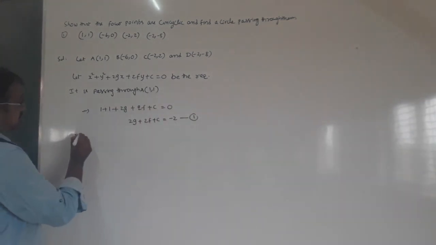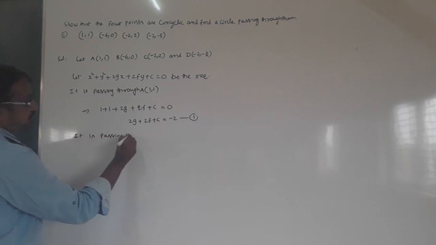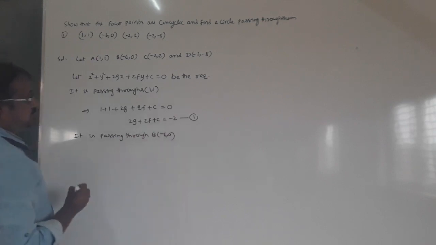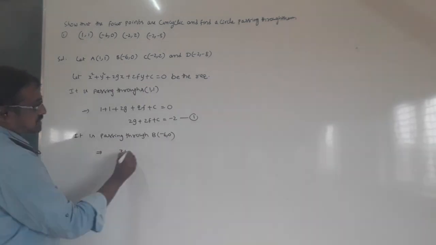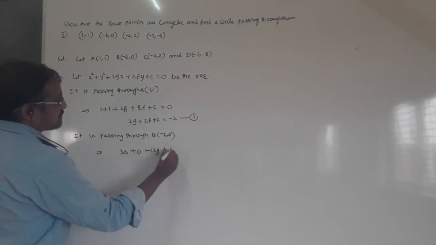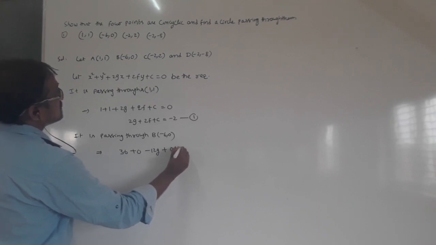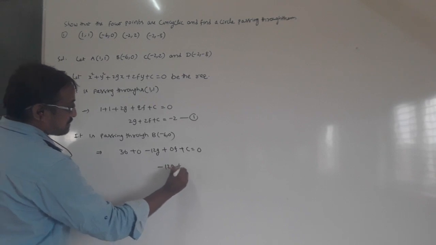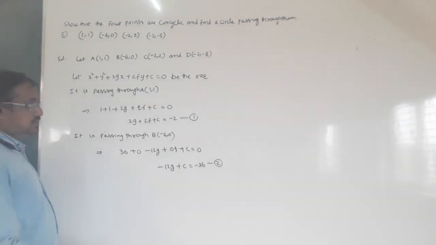And again it is passing through B (minus 6, 0). By substituting that point, you will get 36 plus 0 minus 12g plus 0 into f plus c is equal to 0. So you will get minus 12g plus c is equal to minus 36. Let it be equation 2.